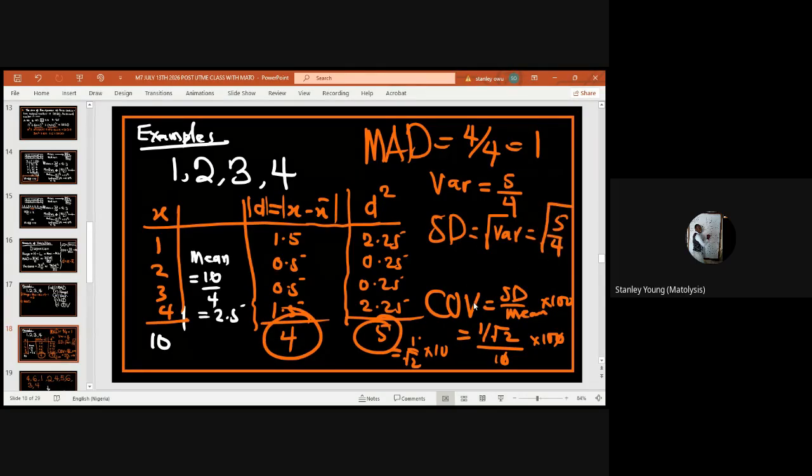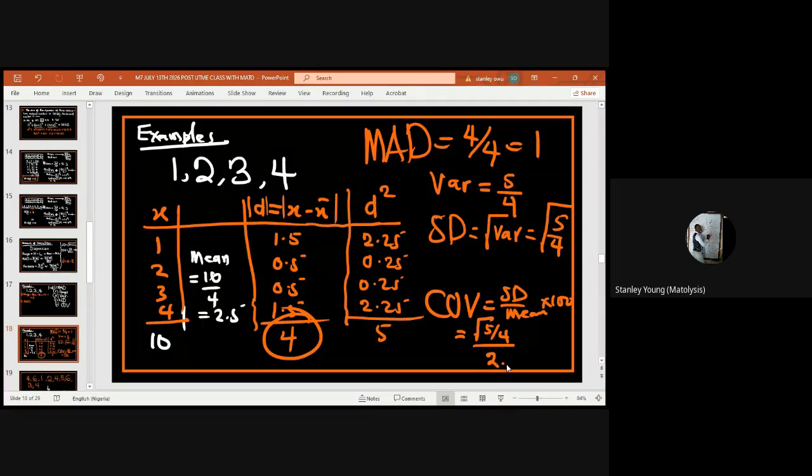Coefficient of variation means you are dividing standard deviation by the mean times 100. So in this case, standard deviation is square root of 5 over 4. The mean itself is 2.5.